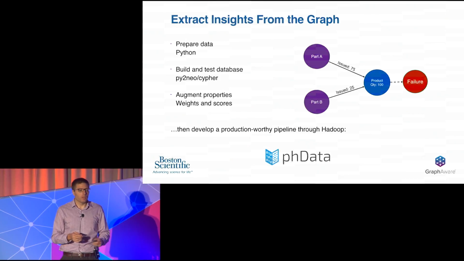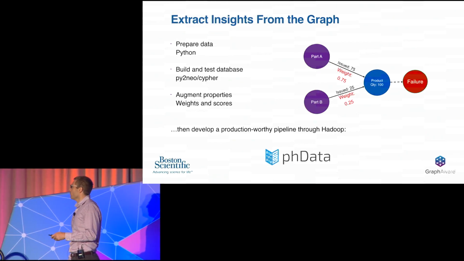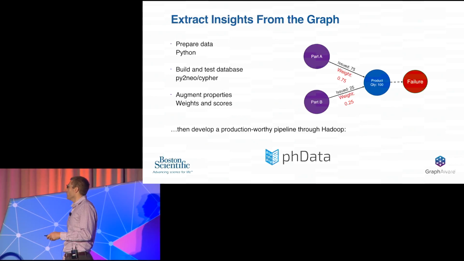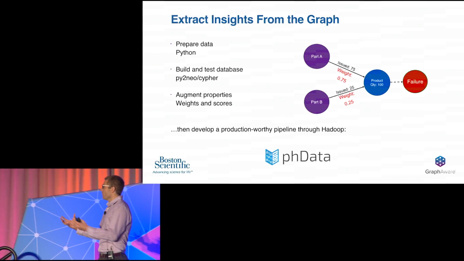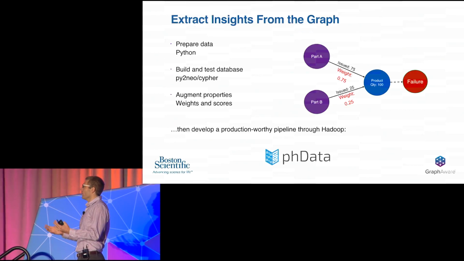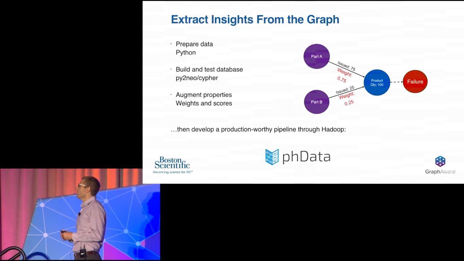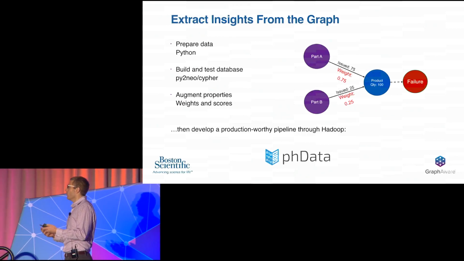We turn the issuance numbers, like 75 from part A get issued to this product one and 25 from part B, into weights, which makes this dimensionless, which is nice. And then we augment the relationships with a weight, and then we sum those weights for all the paths that could possibly lead to a failure, and store those as properties in a node as a score.